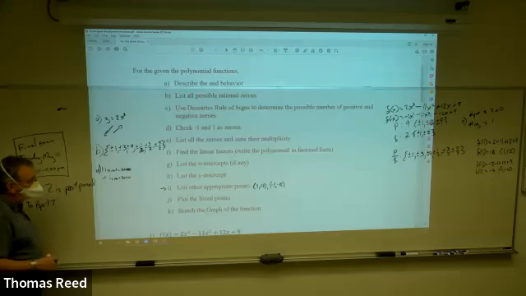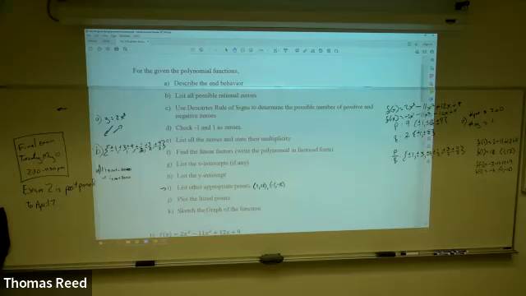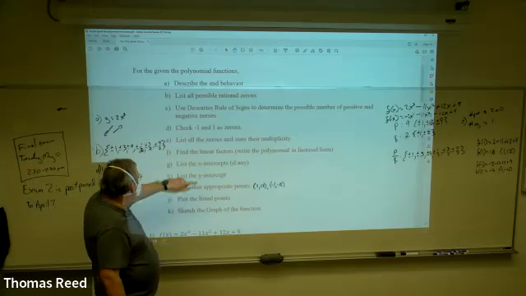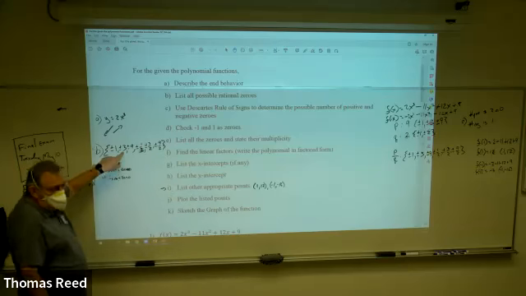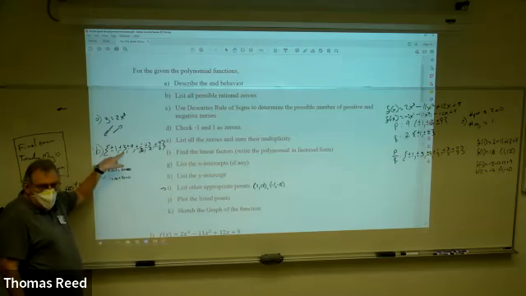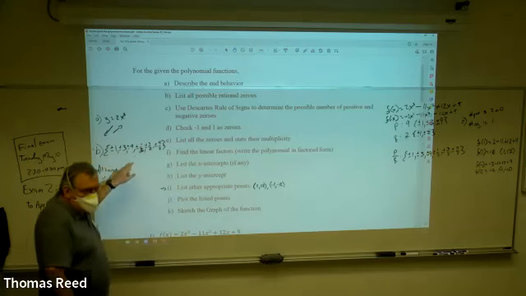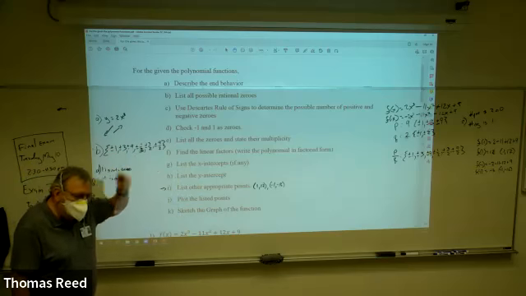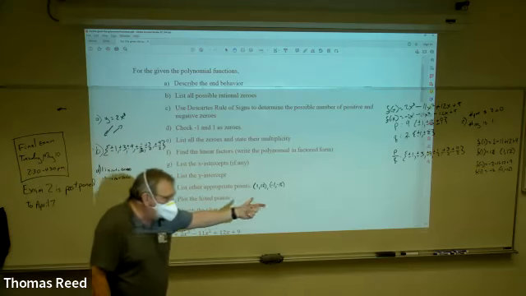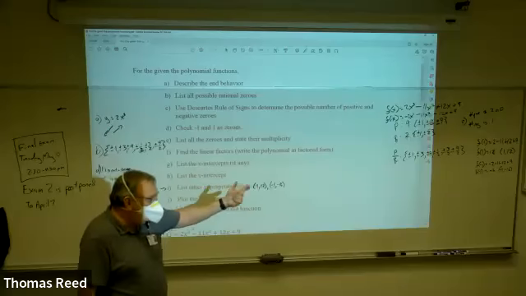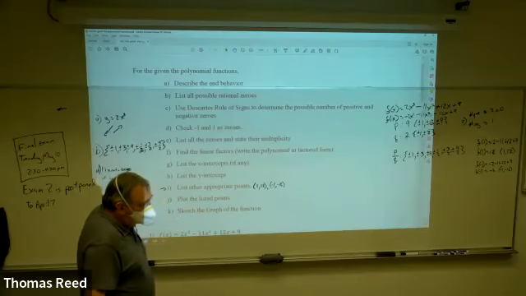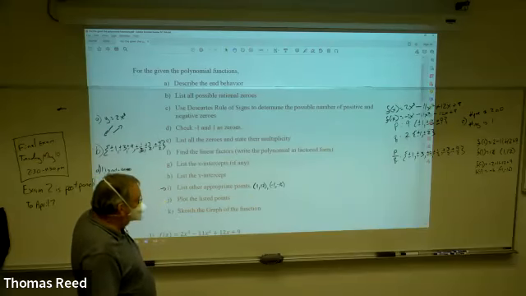Now we're going to list all the zeros. This is where the work starts, because so far I don't see this as being physical work. I know 1 and negative 1 won't work, so I'm going to start with 3. And what I'm going to do is synthetic division, because we're going to use the remainder theorem: whatever the remainder is, which is the last number we get in synthetic division, is what f of that number is.